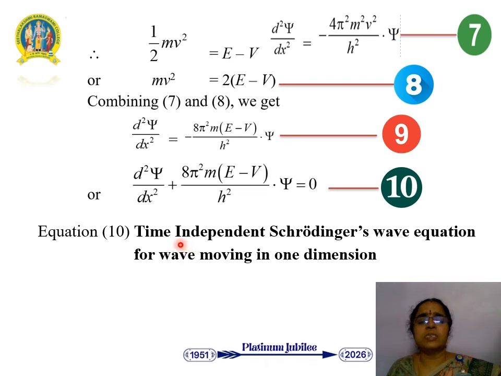This 10th equation is nothing but the Schrodinger's wave equation for a particle moving in one dimension, that is along the x-axis alone. If the particle moves along three-dimensional space, then the equation will become ∂²ψ/∂x² plus ∂²ψ/∂y² plus ∂²ψ/∂z² into 8π²m(E minus V)/h² into ψ is equal to 0.